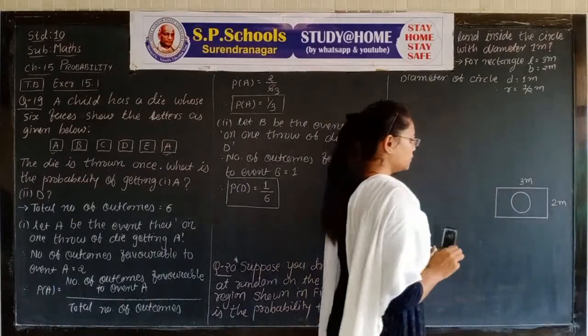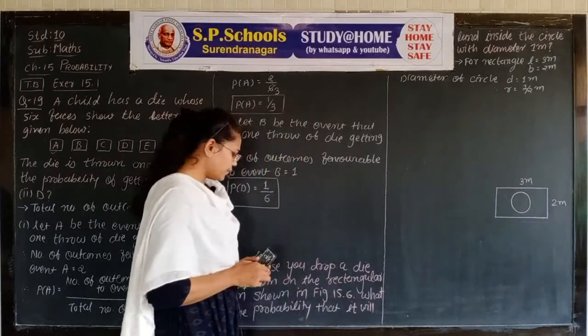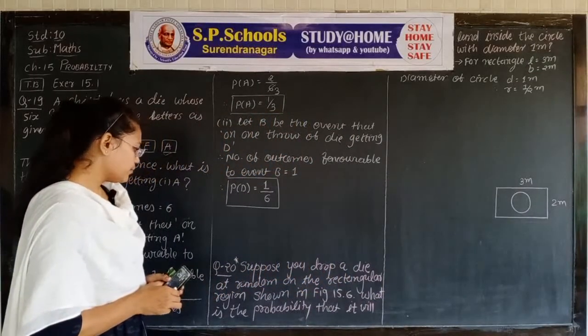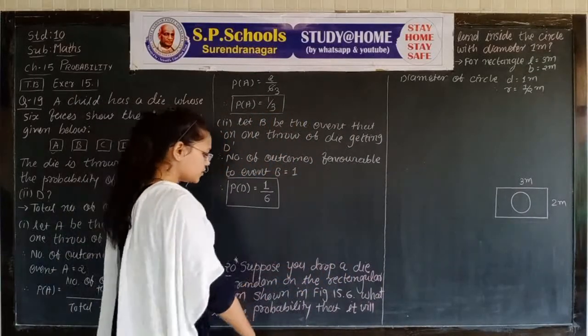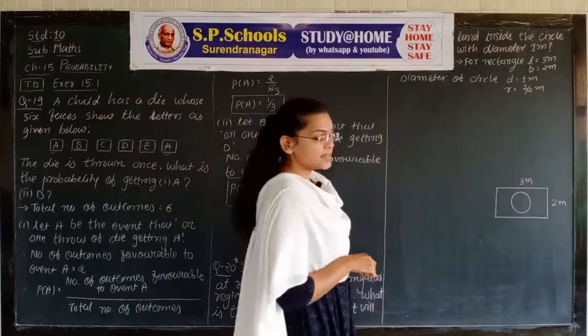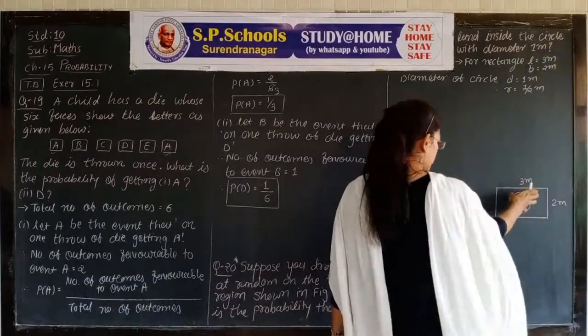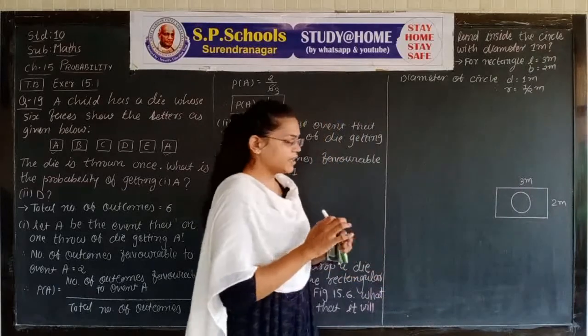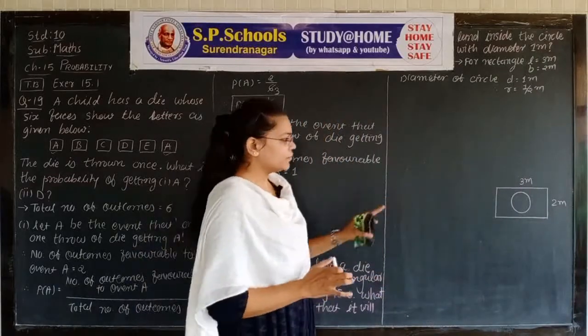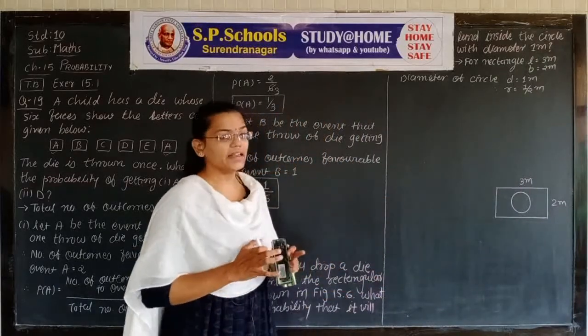The figure is not required here, but we need to find the probability that a dice will land inside the circle. The total surface area of this figure is denoted by a rectangle.